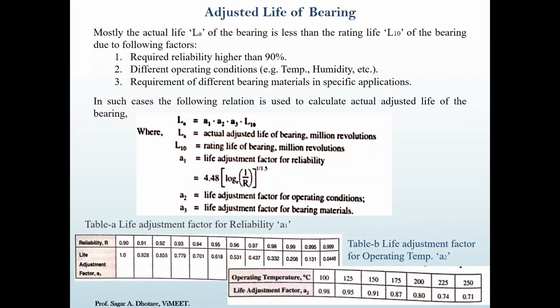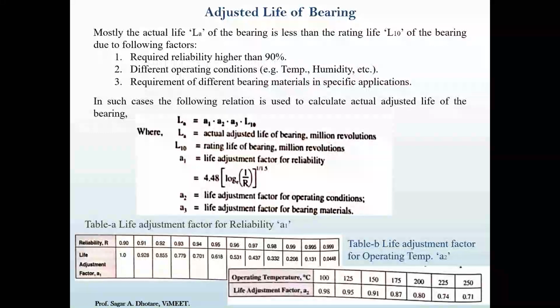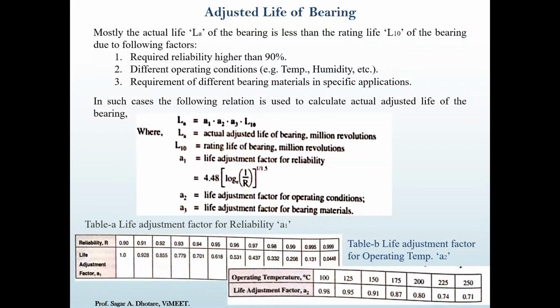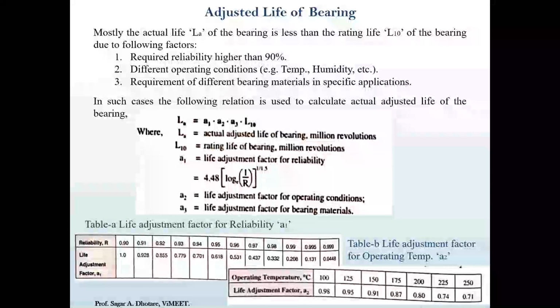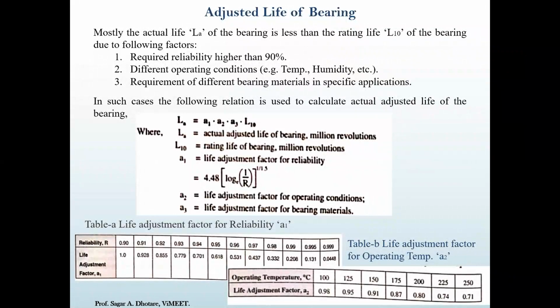First factor, reliability should not be less than 90%. Whenever you choose any kind of bearing, the reliability should be 90% and above, because if the reliability reduces, then the quality of the bearing reduces and the life of the bearing also reduces. Second factor, different operating conditions.